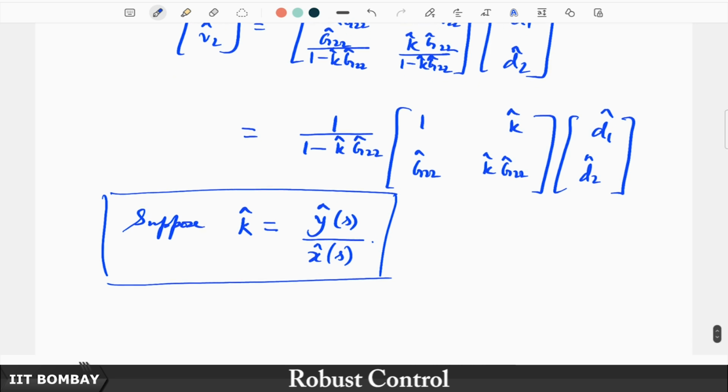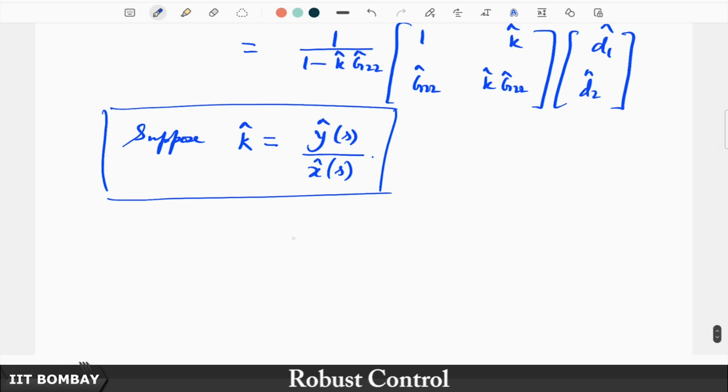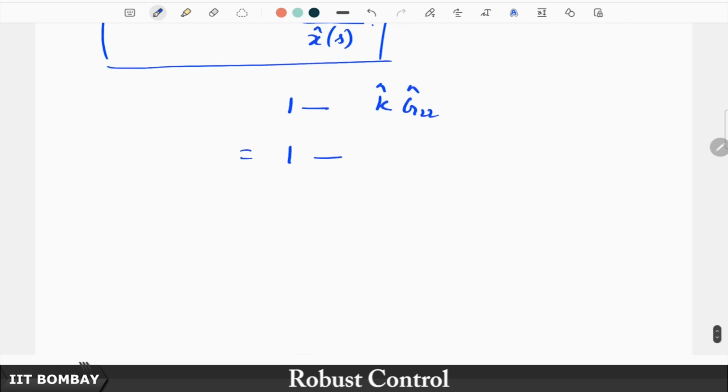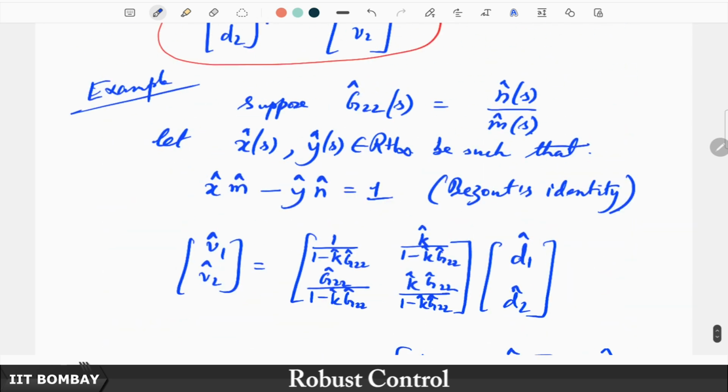So, what are we saying? Suppose you choose this as the controller, then what happens? You see immediately it follows that 1 minus k hat g22 hat turns out to be nothing but 1 minus y hat over x hat times what is g22?